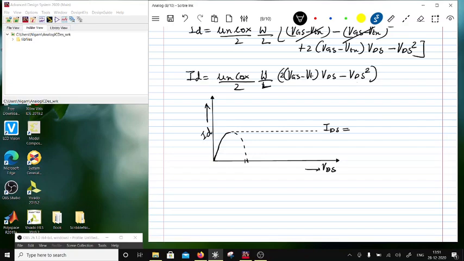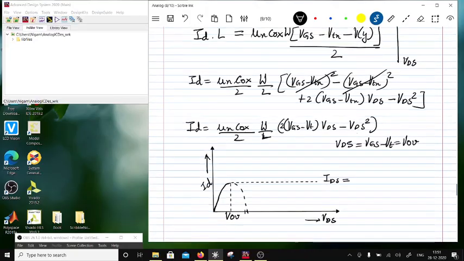The peak value occurs at VDS equal to VGS minus VT, where the pinch off takes place, which is equal to V overdrive. So at V overdrive, the pinch off will occur.